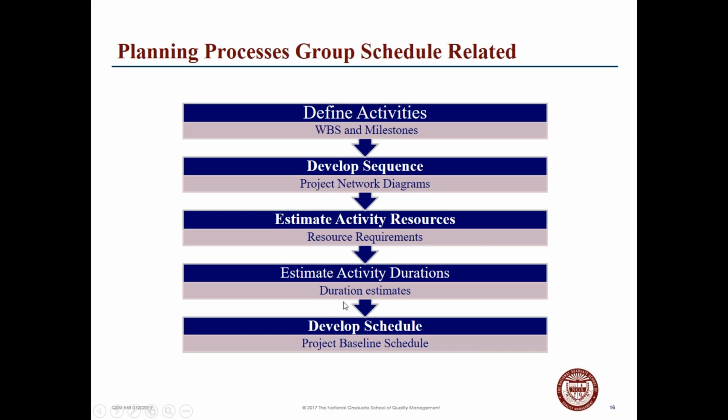How long will it take? And then, how do you develop a schedule? A lot of schedules can be one way or another. They're built from start to finish, or they're built from the finish, backing into the timeline based on when the project needs to be completed.